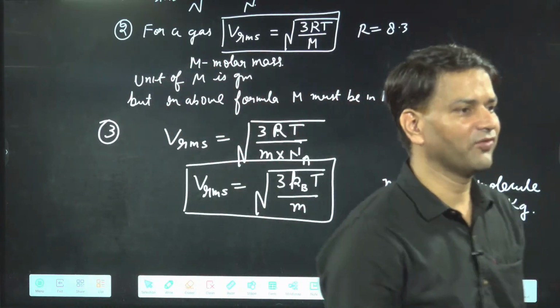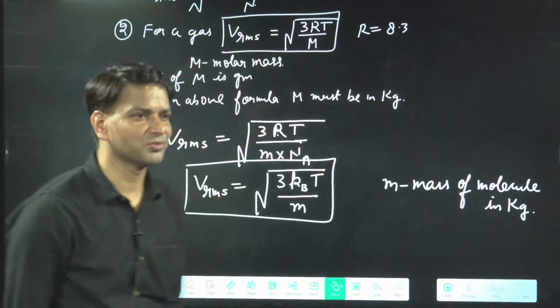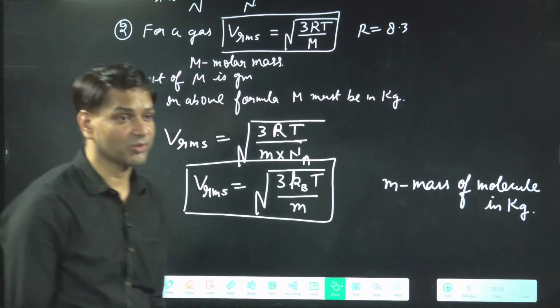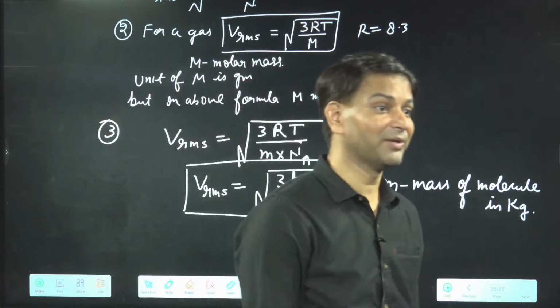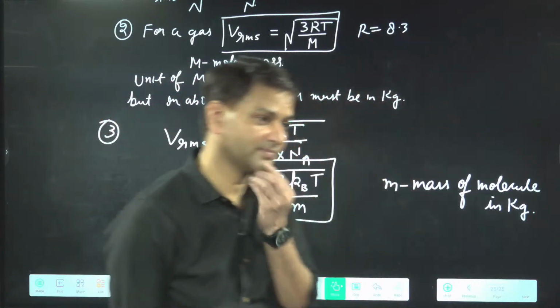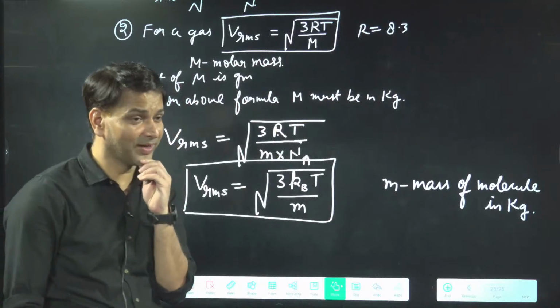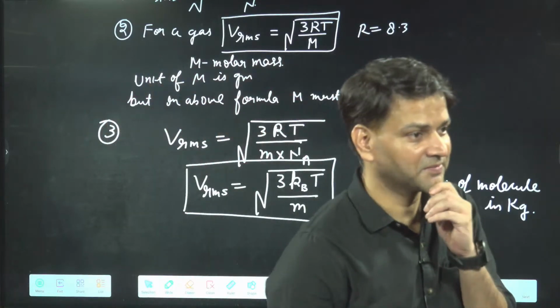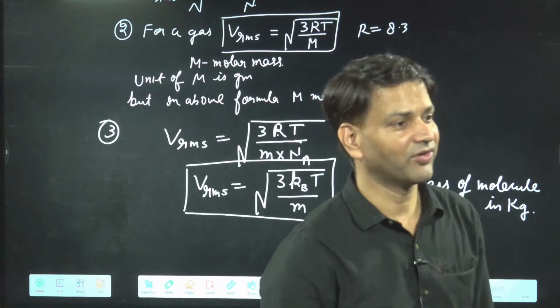What is the dimension of ML2 T minus 2 K minus 1? Very good. The dimension is atmosphere liter K minus 1 mole minus 1. Mole is the fundamental quantity.